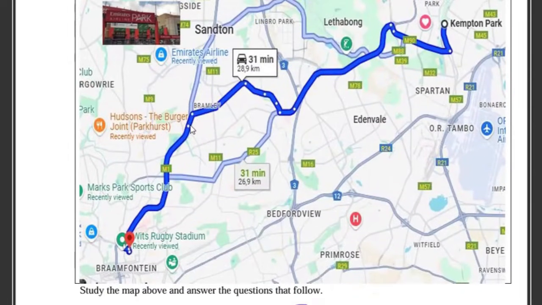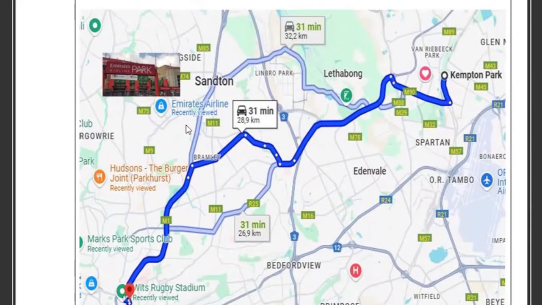Where is the M88? When you look at it, it's this one here. When you follow it nicely, you see that it's a blue one. It comes like this, and then it comes down. Here we don't have a lot of things, but we have Emirates, this is the airline, but then we have Emirates Park.